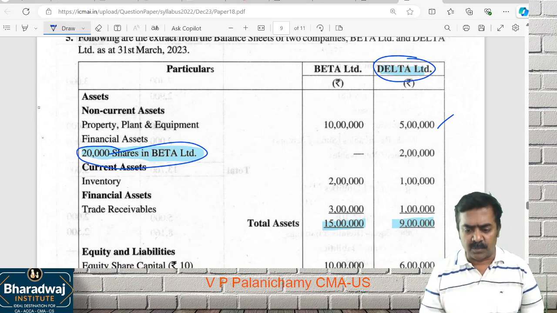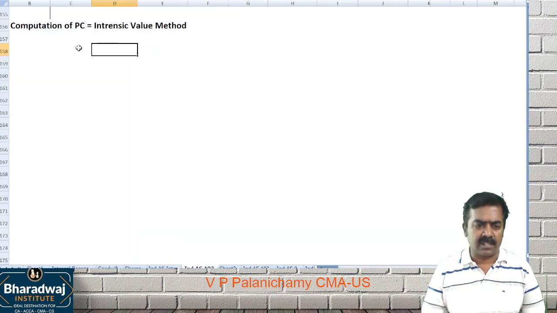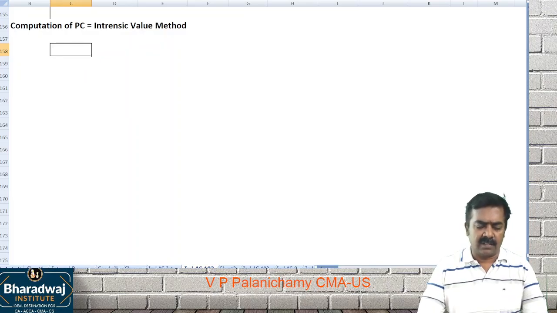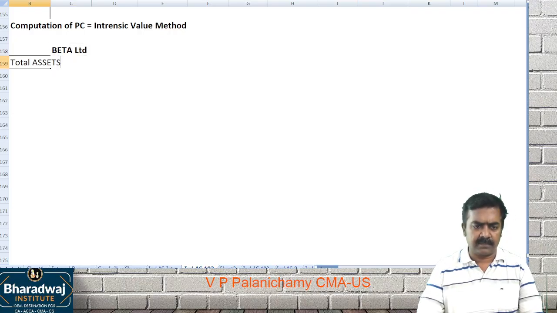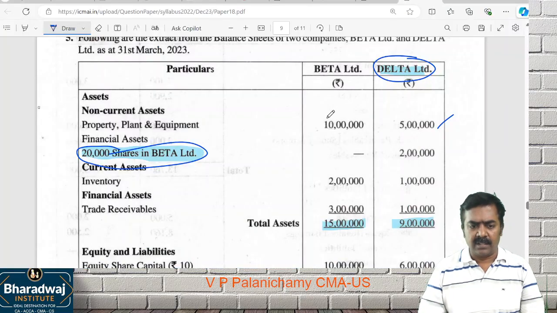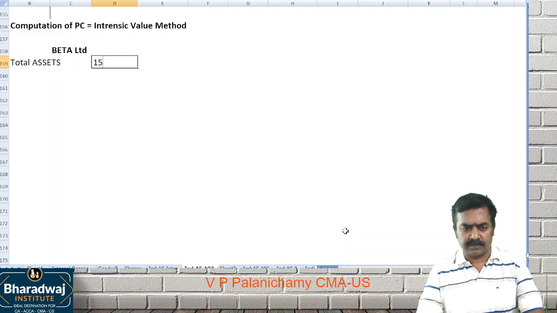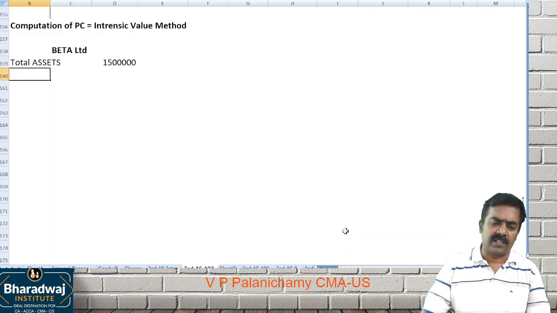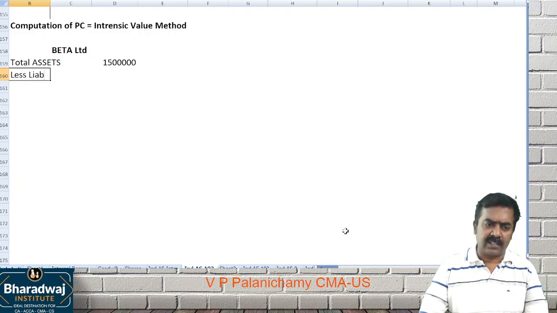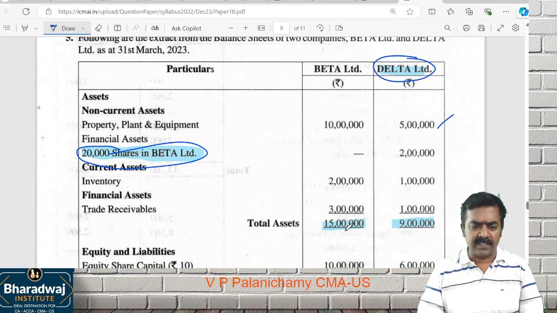So first let us work out the value for Beta Limited. Tell me the total assets. For Beta Limited, PPE, inventory, trade receivable total how much? 15 lakhs. Less liabilities.